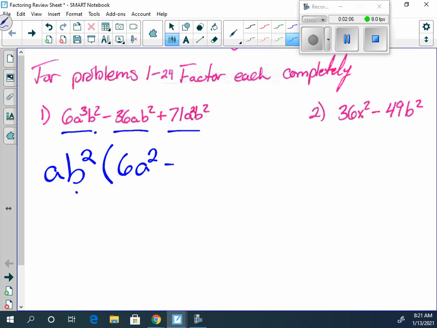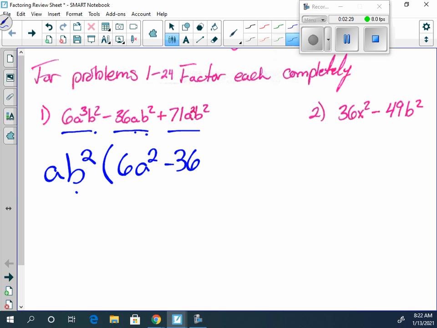Minus, we didn't do anything with the number, so we'll still have the negative 36. Now we have 1a, and I factored out an a, so that factors out completely. The b squared, I factor out b squared, so it factors out completely. So when I factor out ab squared from negative 36ab squared, I'm just left with negative 36.